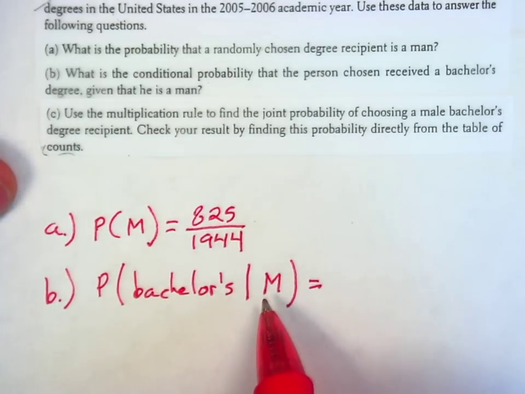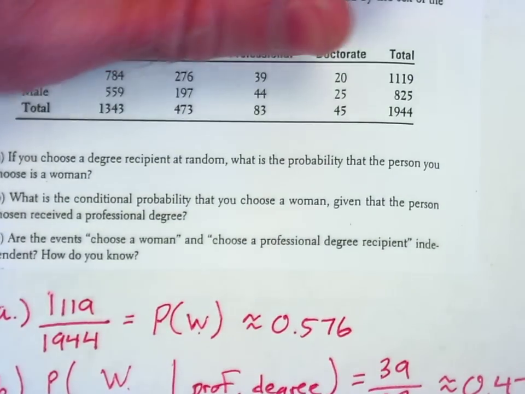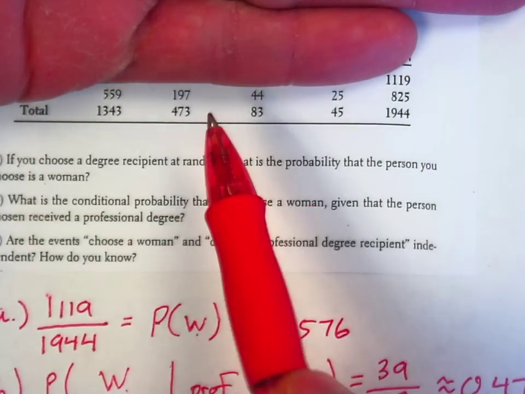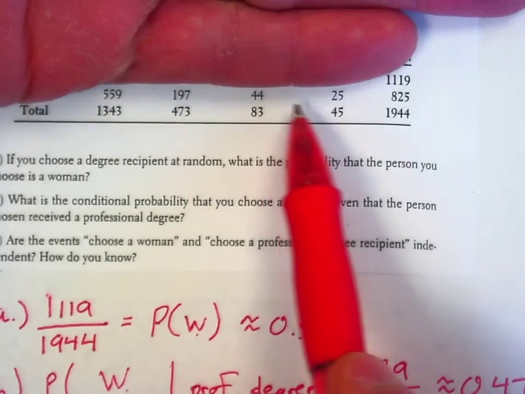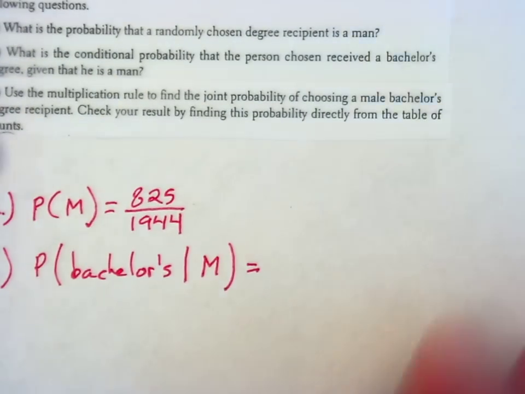The males are identified by a row, so we're going to isolate ourselves to simply the male row. So within the male row, there it is, 559 have bachelor's degrees out of a total in that row of 825. 559 out of 825 if we isolate ourselves just to that particular row.